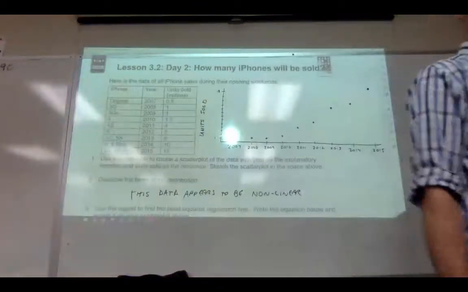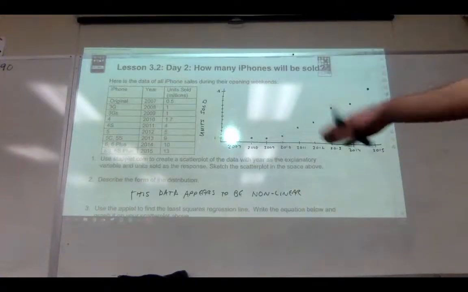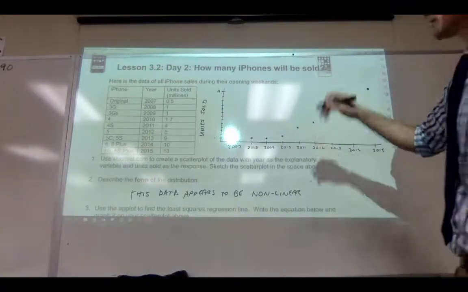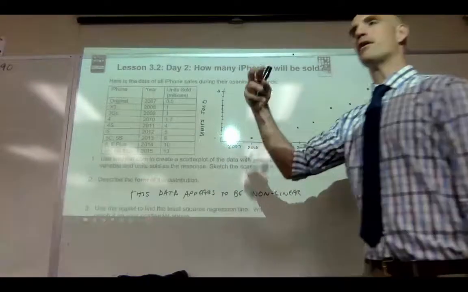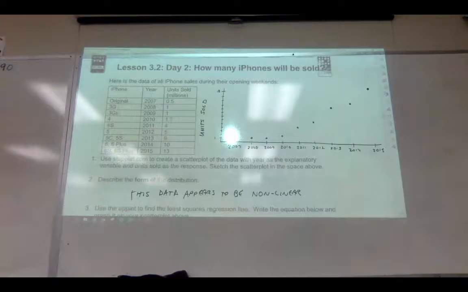Is it exponential? Maybe. Is it logarithmic? Maybe. But at the very least, this statement is true because this is what we're concerned about. We are comparing this to the least squares regression line. We're concerned, is it linear or not?